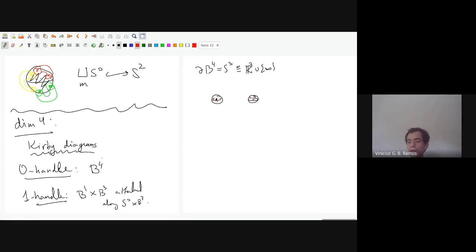Similarly to how I did it for surfaces, I can make this one handle really small. So it's almost like this point is identified with this point, and this point with this point, and so on. They're not exactly identified, there is a thickening in the middle, but it's almost like they're identified.